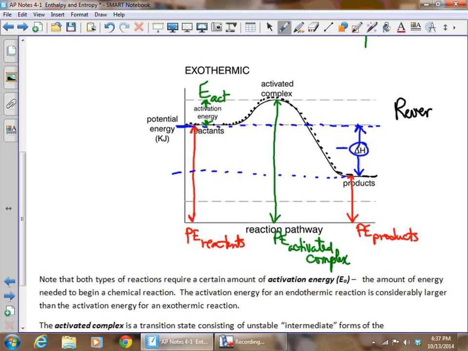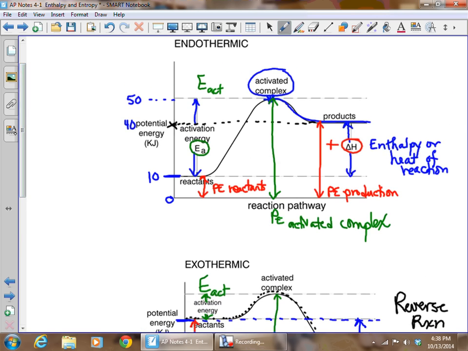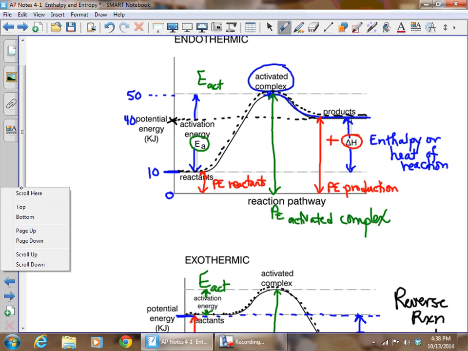So if we look at the reaction that we just looked at above and go backwards, the reverse reaction is going to be exothermic for an endothermic reaction. So that's just reversing that reaction and showing that they're just opposites.